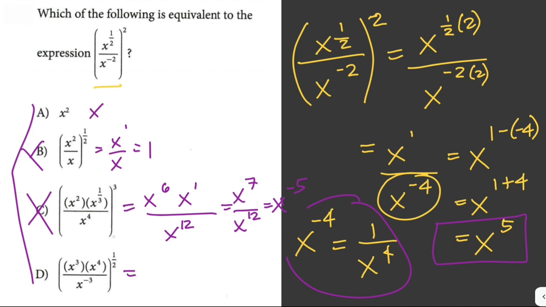And letter D is x to the 3 halves times x squared over x to the negative 3 halves. And x to the negative 3 halves can be written as 1 over x to the 3 halves.